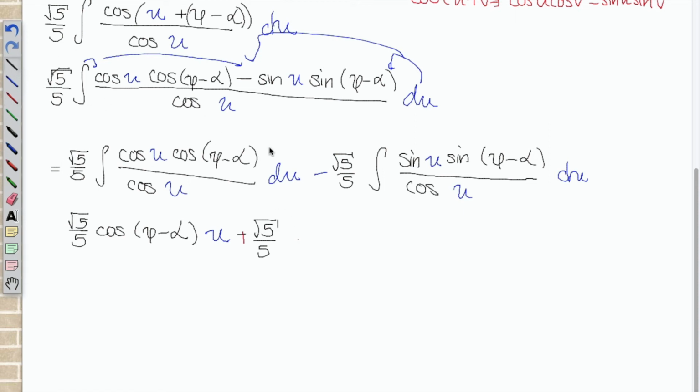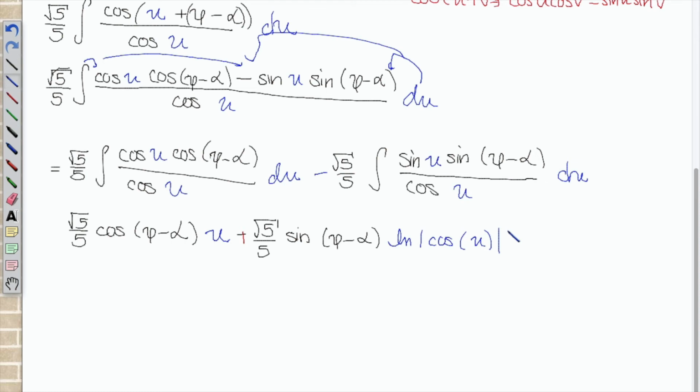And then I already know what that integral will be. 1 over z is ln absolute value of z. And so that integral becomes ln absolute value of cosine of u, like so.